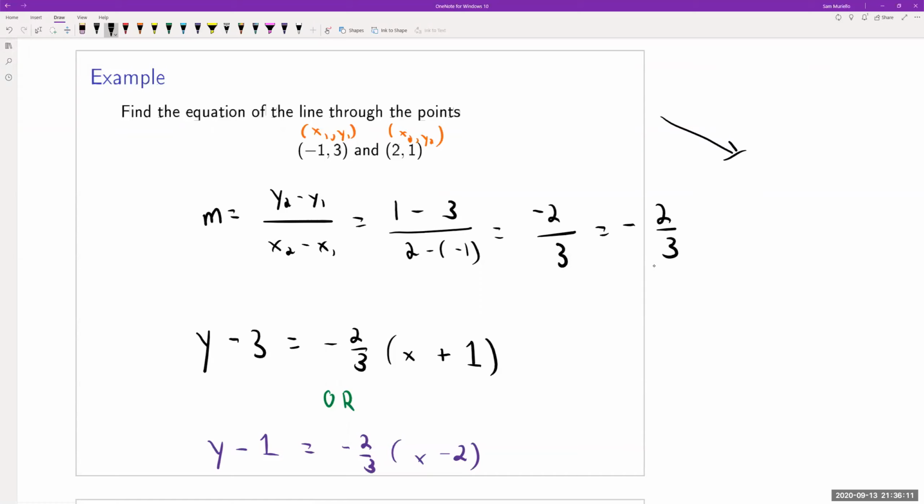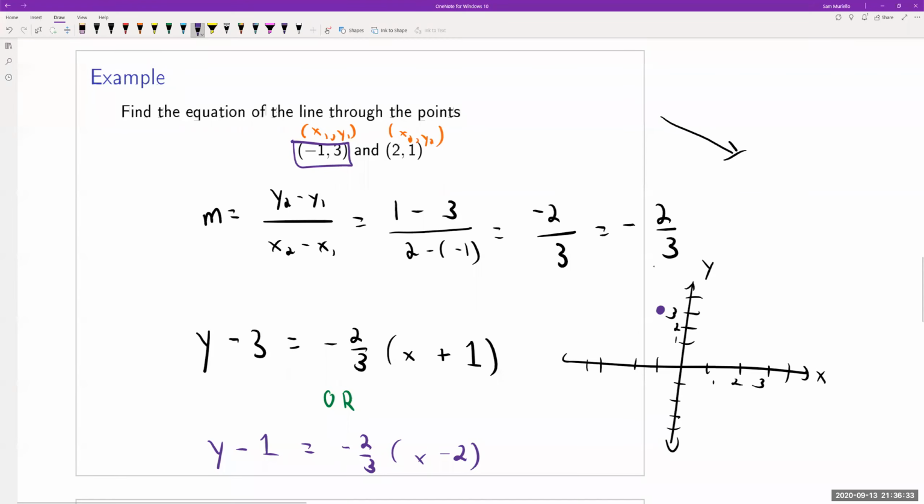If I was to graph this line that goes through the point -1, 3, and 2, 1, the line would look like this.